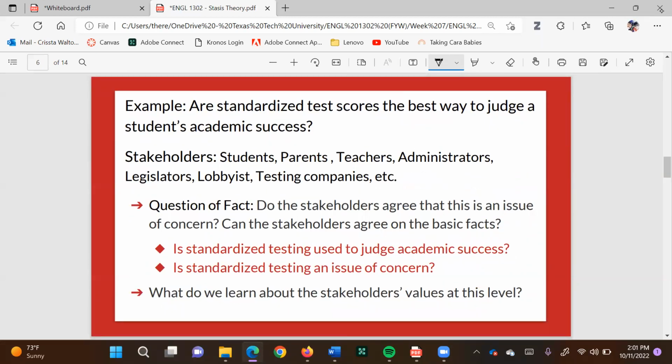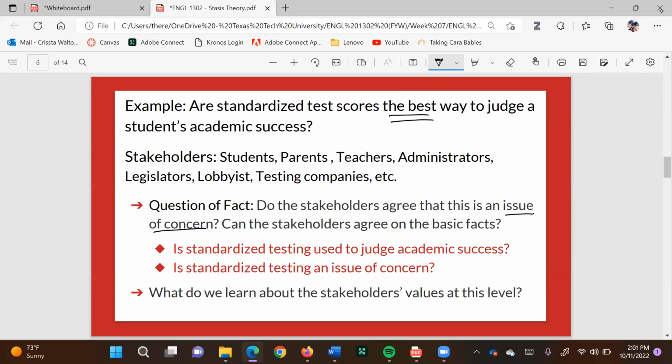So on the level of fact, how do we answer this research question? Well, we need to ask the question, do the stakeholders agree that this is an issue of concern? I would say that most of these stakeholders agree. They want to know the best way to judge a student's academic success. Possibly the only stakeholders that wouldn't care so much if it was the best way might be the testing companies, because they would still be making money whether it was the best way or not.